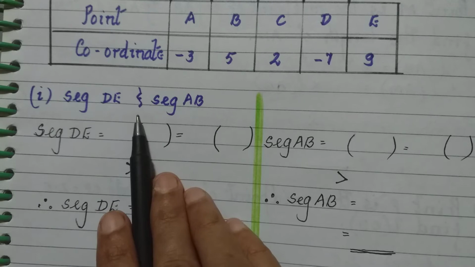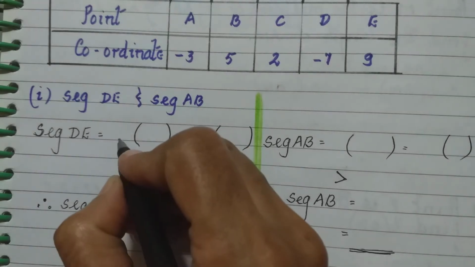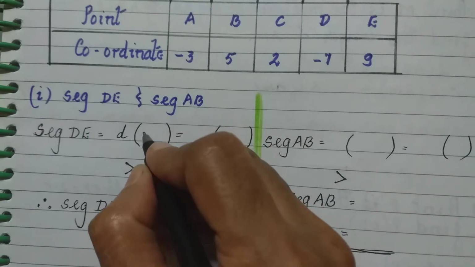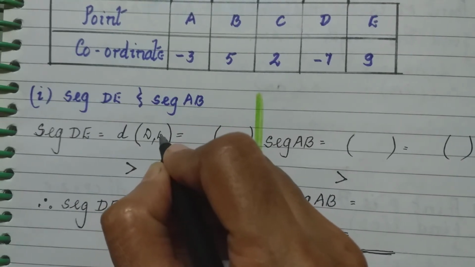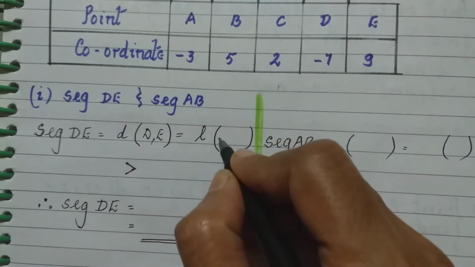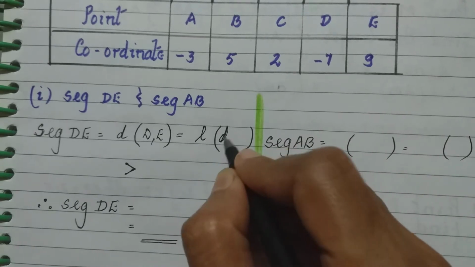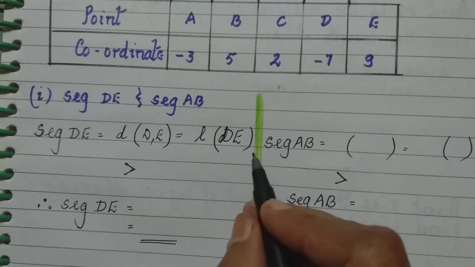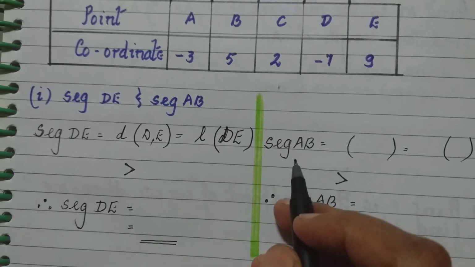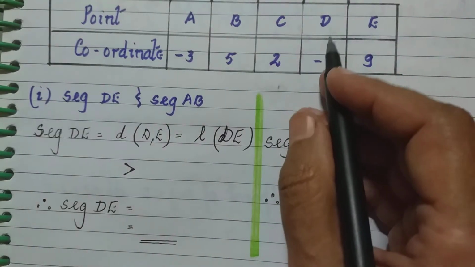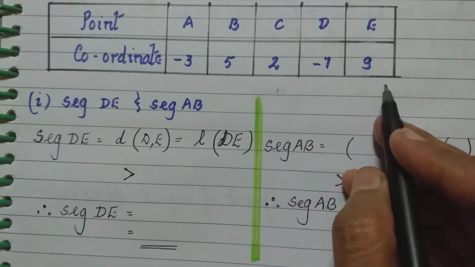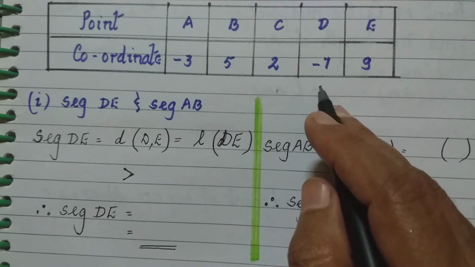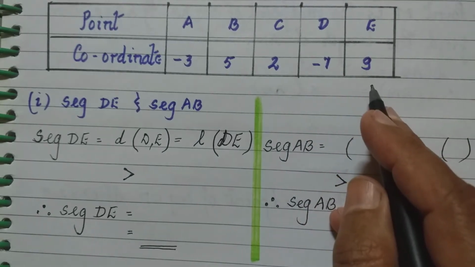To find segment DE, it is the same as finding the distance between the points D and E, or it is the same as finding the length of DE, right? So we want to find the length of the segment DE. I have to look at the coordinates of D and E. I have the coordinate of D as -7, of E is 9.